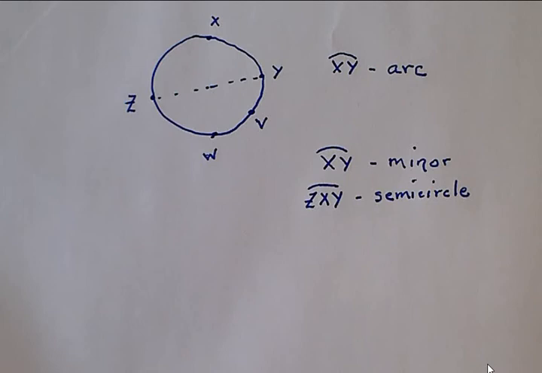And then the third category: this one has to be bigger than a semicircle.